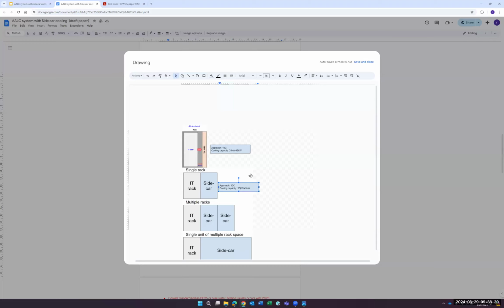Yeah, for 10 degrees approach, I think this would be, he said, around 50. Yeah, maybe more, 50 to 60 or something like that. I don't know, it depends on how much you want to invest in fan power.